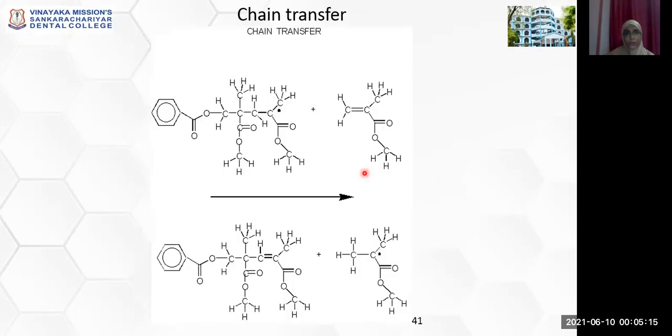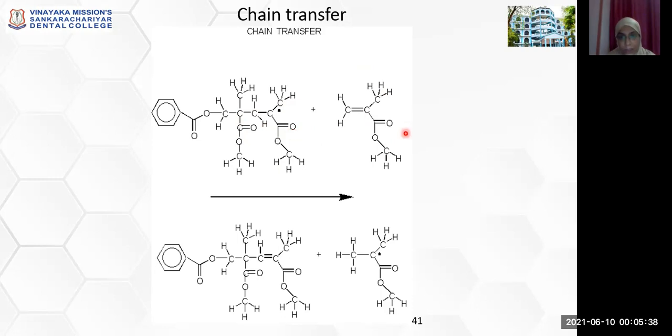Here in chain transfer, what is happening? I told you how the chain transfer is going to take place by means of exchange of hydrogen atoms between the two, or by formation of a bond between two molecules. Here you can see this is a monomer and this is a propagated chain.